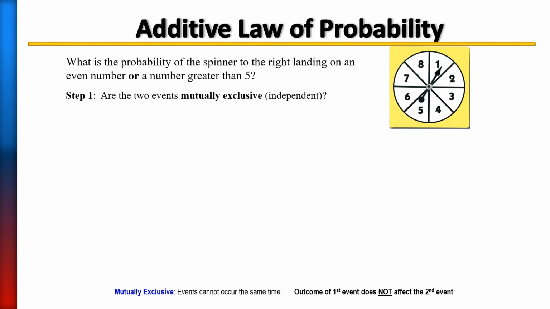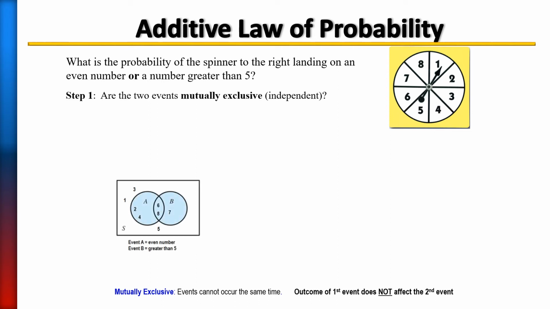Okay? Now, since 2 of those numbers repeated themselves, in other words, 2 of those numbers were in event A, and they were also in event B, these are what you call not mutually exclusive.